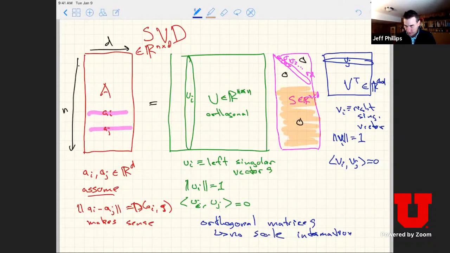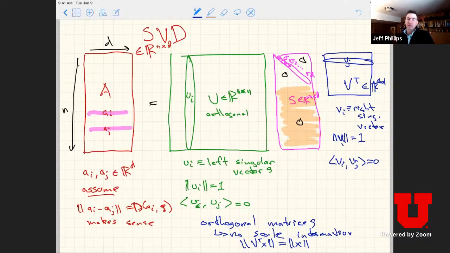If I take the norm of V transpose x, that's going to be equal to the norm of x, or multiplied by V. So if I right multiply a vector by V transpose or left multiply by U, I'm not changing the scale of anything here.